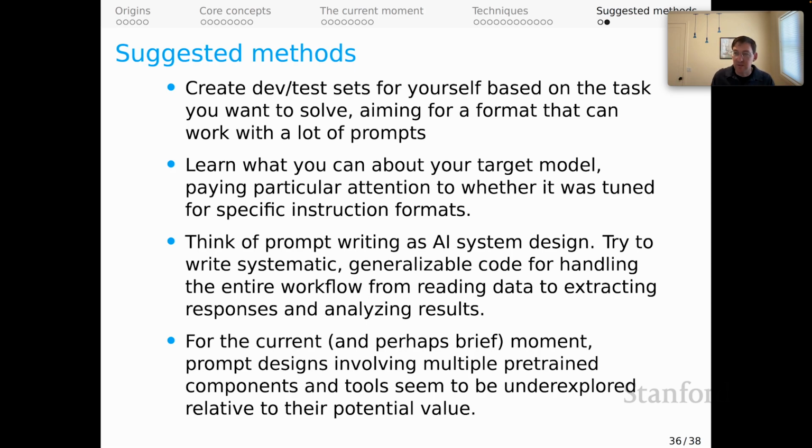Thinking about how to design prompts that take advantage of all of those different tools is a wonderful new avenue. We're starting to see exploration in this space, and it is sure to pay off in one form or another. So maybe go forth and see what kind of value you can extract out of this new mode of tooling around prompting.